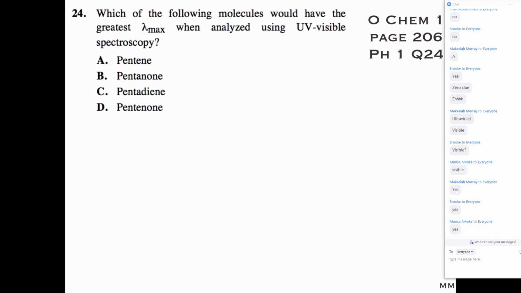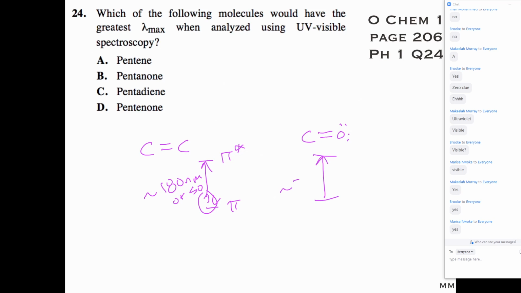So it ends up, lack of conjugation will have a pi to pi star transition of around 180 nanometers or so. Notice the "or so." If it's a carbonyl, because we have lone pairs, non-bonding electrons can be involved now, the transition is going to be around 245 nanometers.